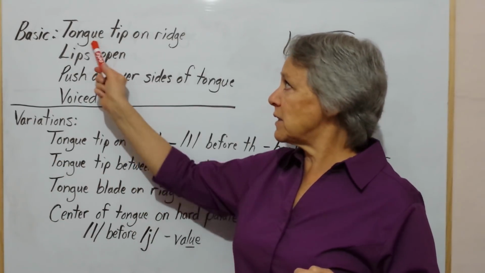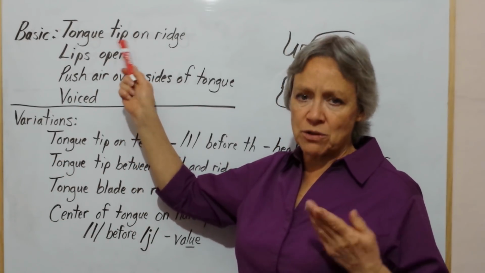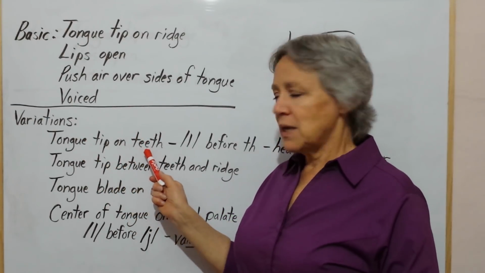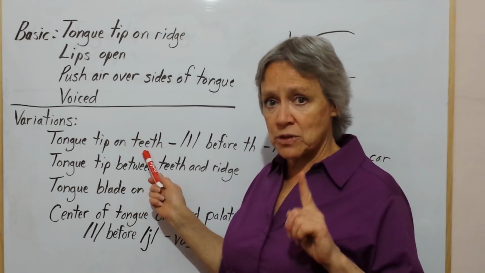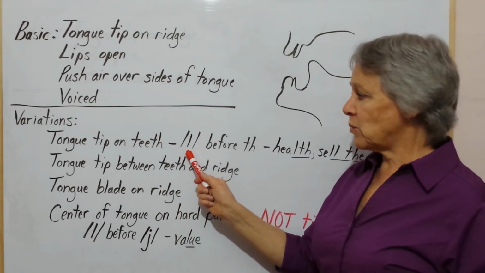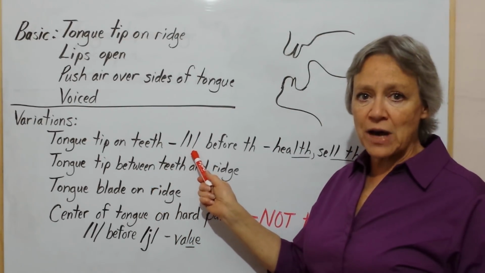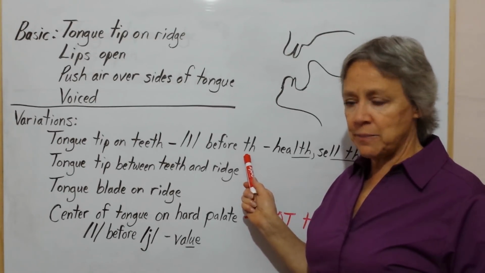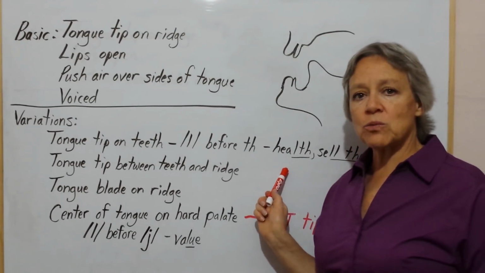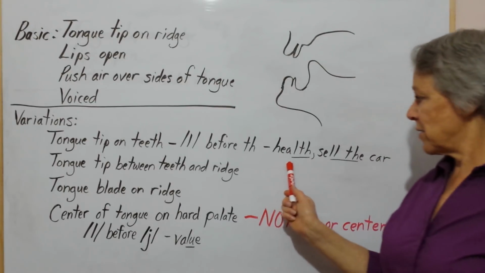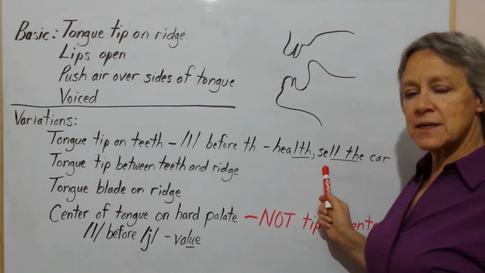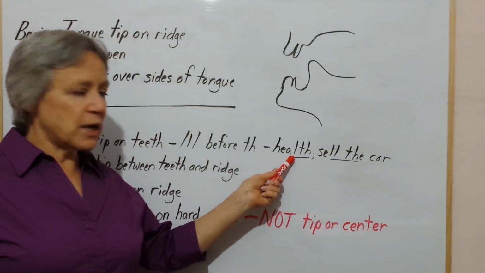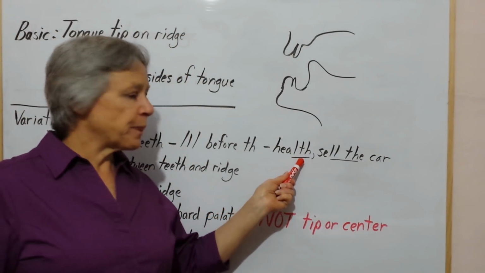The difference is in the tongue, where the tongue tip is, or the tongue position. So one, I said the tongue tip can be on the teeth at times. We do this when we have L, or actually the letter L, before TH. Here are two examples: in the word health and sell the car. Now, in these two examples, I have the letter L before TH.